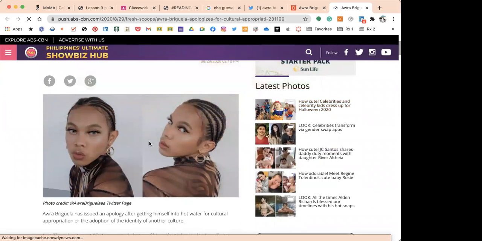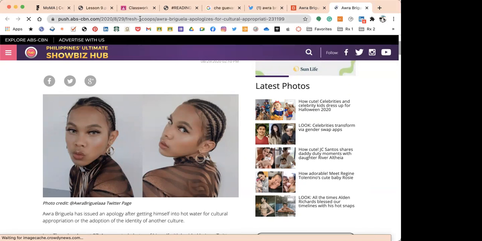of question. Now, probably you're asking yourselves, ano kayang opinion ng teacher about this? Because I am teaching you cultural appropriation right now. I don't think it was cultural appropriation. I don't think that she was using it in a negative way because I think for me, what is cultural appropriation is if you change the color of Aura.